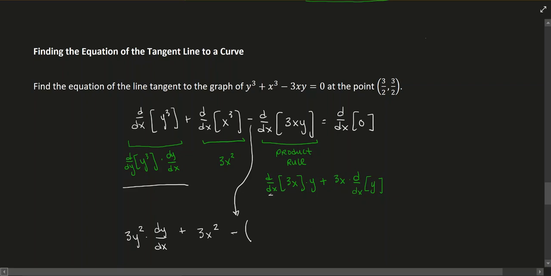This first derivative, the derivative of 3x with respect to x, that's just 3, but it's being multiplied by y, so that turns into 3y. Next we have plus 3x times the derivative of y with respect to x. We're just going to write dy dx there. Close our parentheses, and then let's look at the right-hand side of our equation. It was the derivative of 0 with respect to x. And 0 is a constant, so the derivative of a constant is also 0.